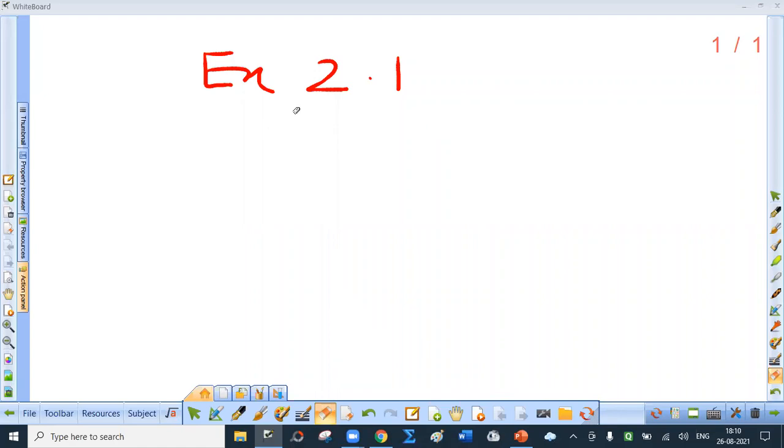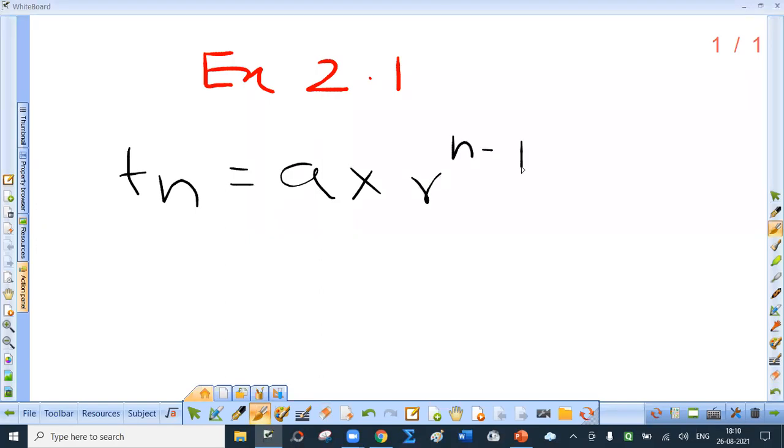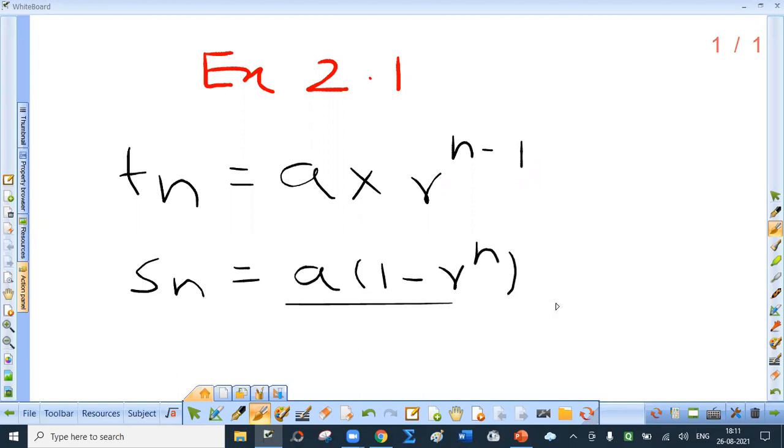And what is Sn? I'll mention the formula. Tn is A into R raised to n minus 1. And what is Sn? Sn is A into 1 minus R raised to n upon 1 minus R. We use this if R is less than 1.